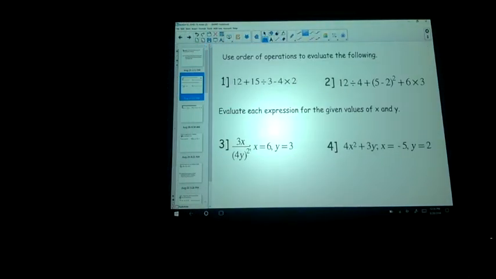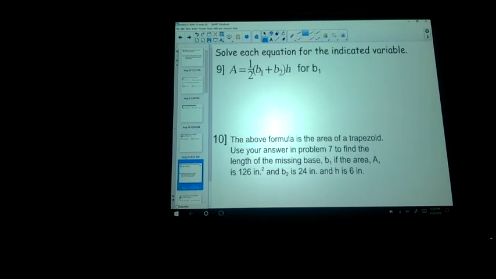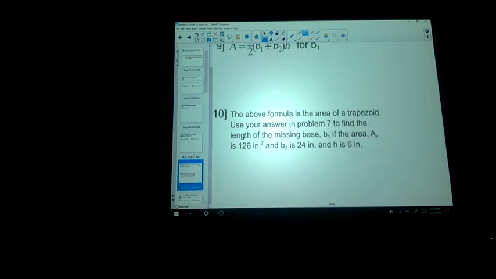Hang on, am I on the right page? Number 6. Oh, I'm on the wrong page.